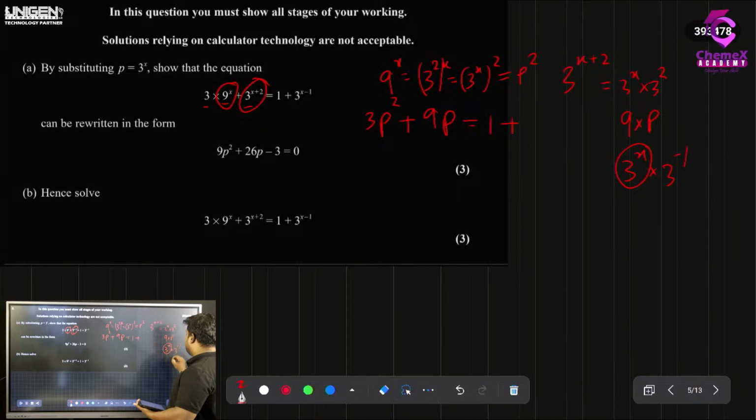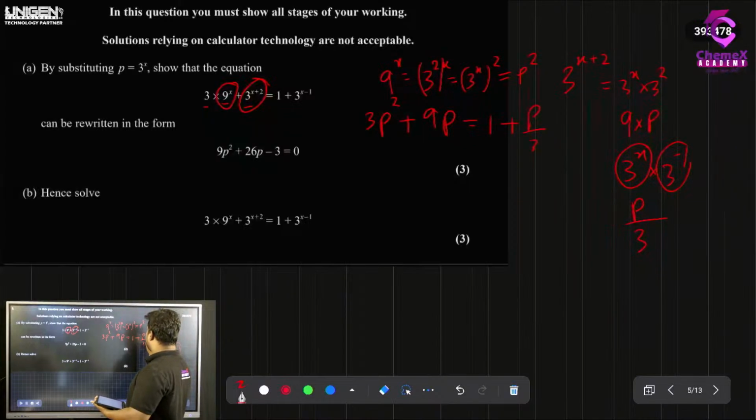So this is p over 3, because 1 over 3. So plus p over 3. Do you understand this or not? Understood, sir.